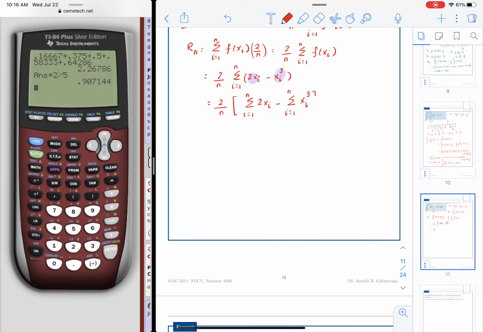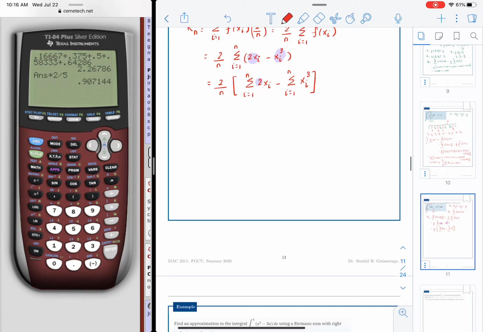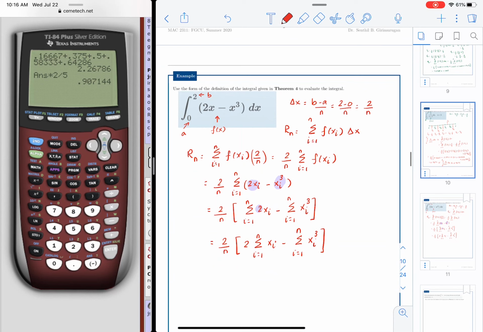And we also know that if we have a constant multiple, such as the 2 over there, we can pull that 2 out as well. And that's what we would have.